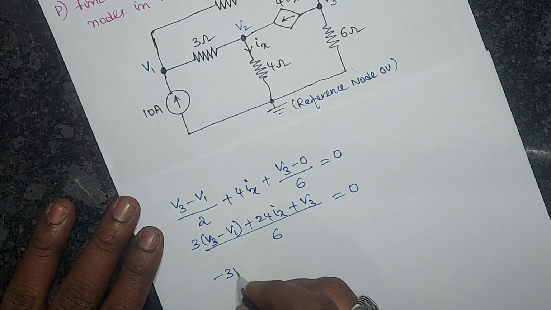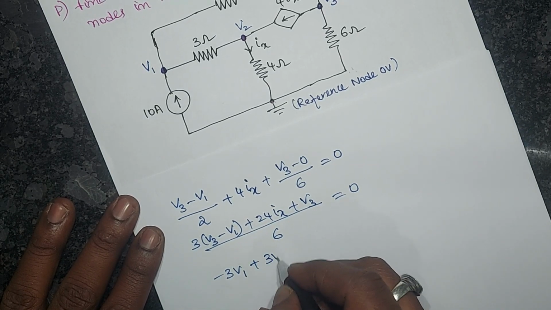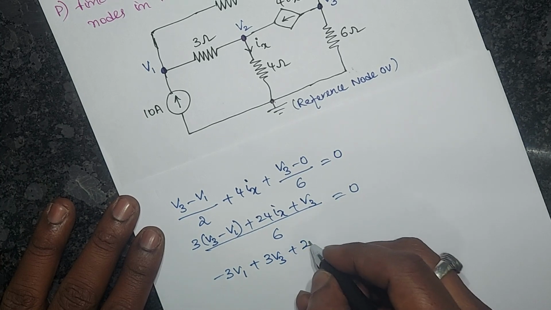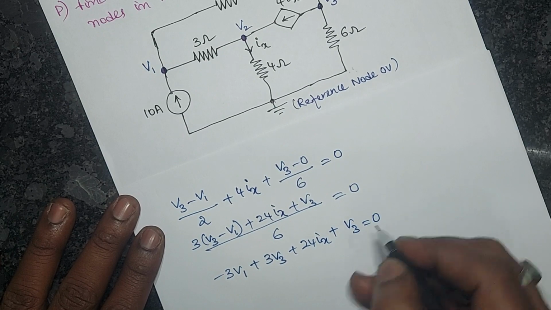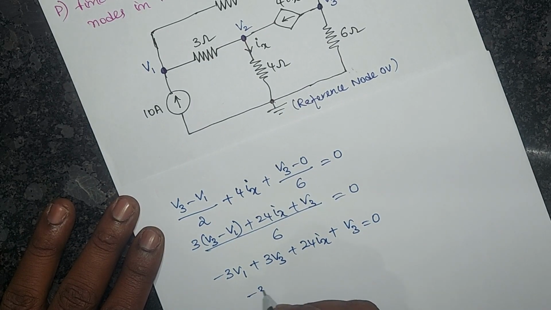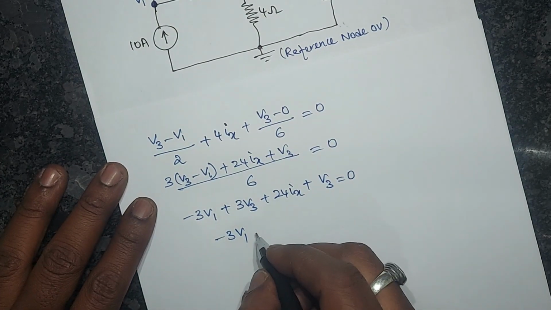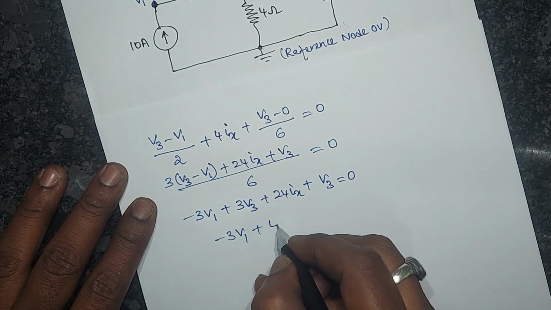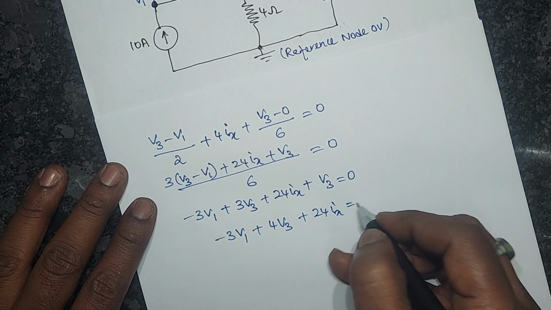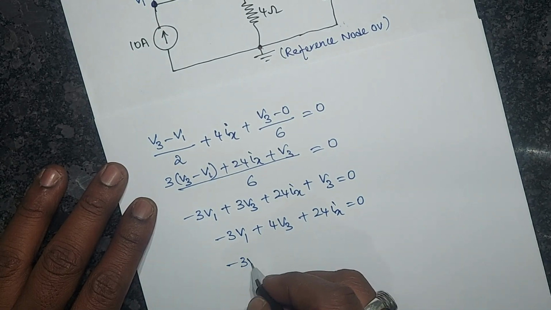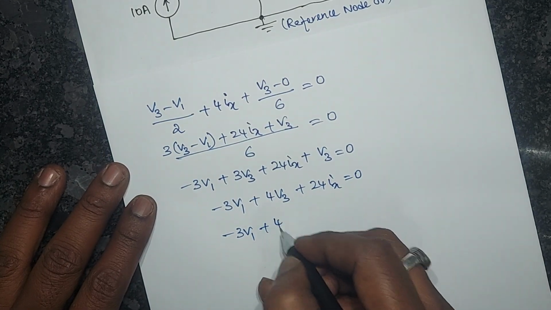So minus 3V1 plus 3V3 plus 24 Ix plus V3 equal to 0. Now by simplifying this, minus 3V1 plus 4V3 plus 24 Ix equal to 0.